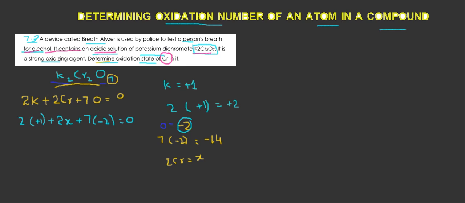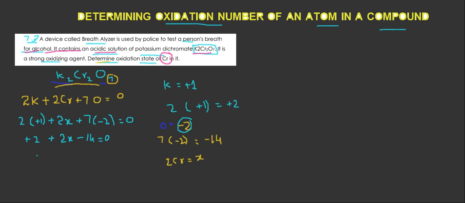So 2 multiplied by +1 gives +2, and then you have 2X. This is just like simple mathematics. Then 7 multiplied by -2 gives -14, and that is equal to 0. Then you have to solve this equation.